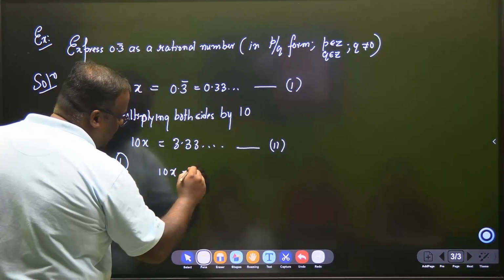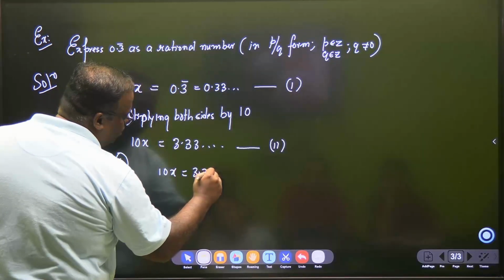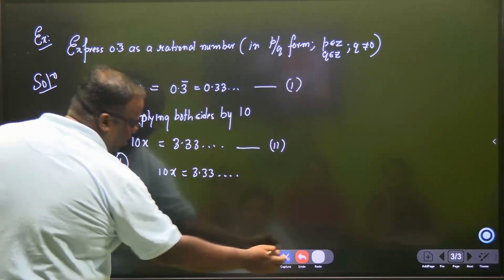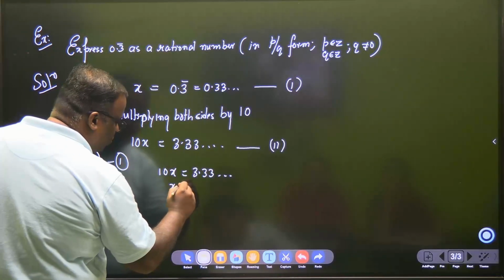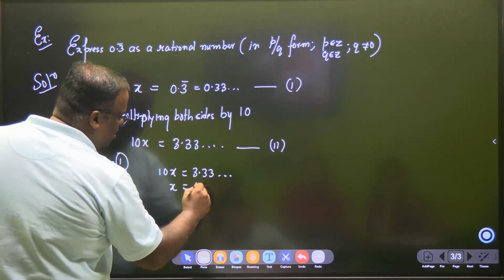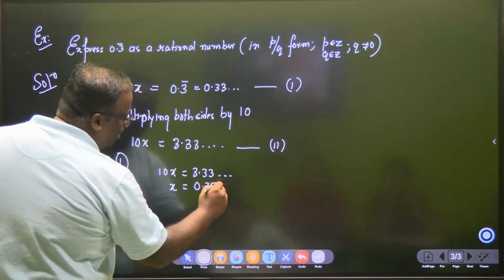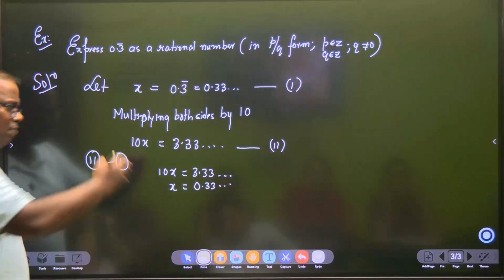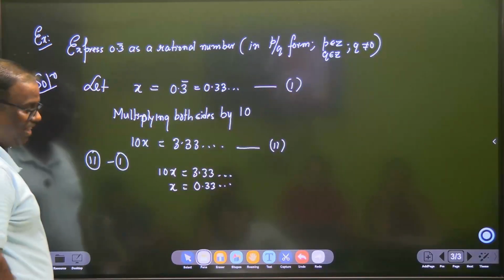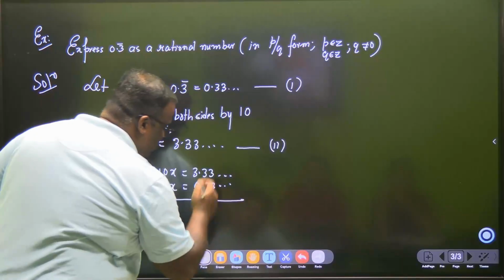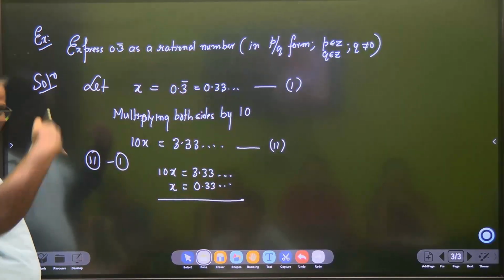If you have any doubt, we write again. This step I'm writing as a baby step. 3.33 bar dot dot dot. And x equal to how much? 0.33 dot dot dot. There are many 3s and so many balancing 3s. Now we subtract, so the 3s cancel.